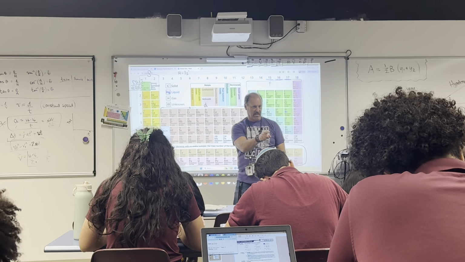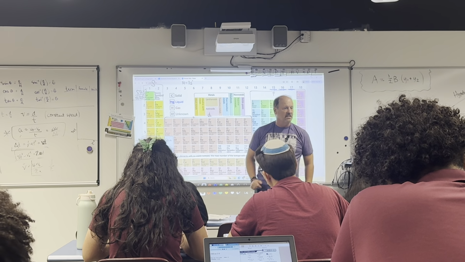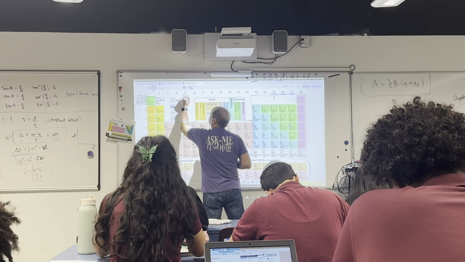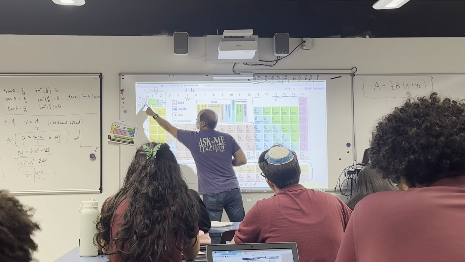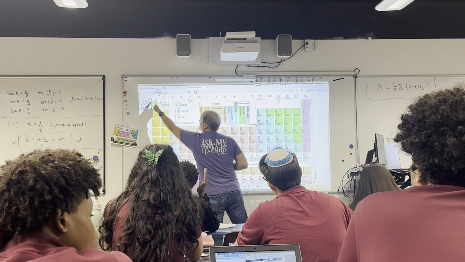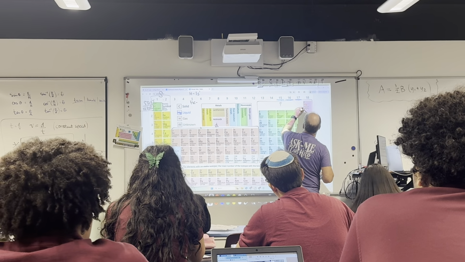I bet you're sitting next to somebody who knows what the electron configuration for helium is. Hydrogen is 1s1. Oh, by the way, helium is kind of a dotted line here.